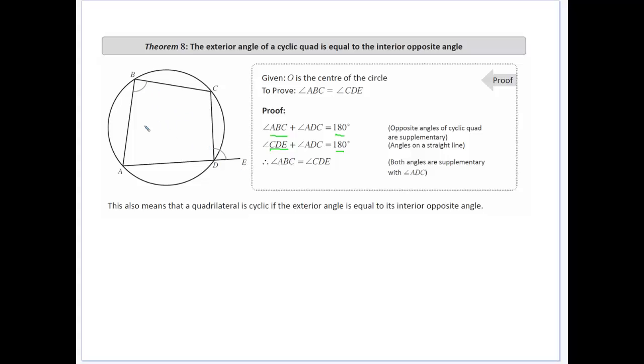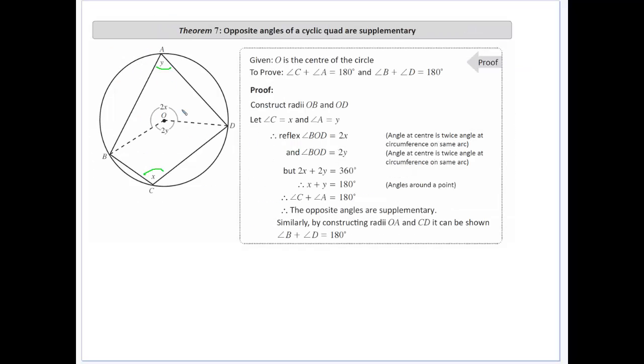So there's the two theorems that we deal with for cyclic quadrilaterals. Now again, if you have a quadrilateral that does this, then it must be cyclic, and the same with these. If you don't have the circle, then you don't know it's a cyclic quadrilateral.